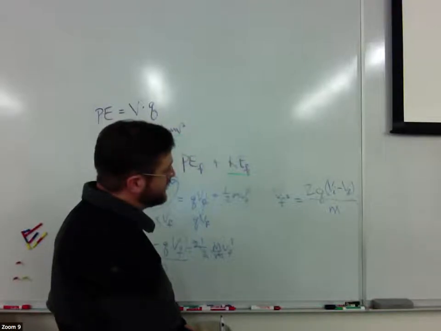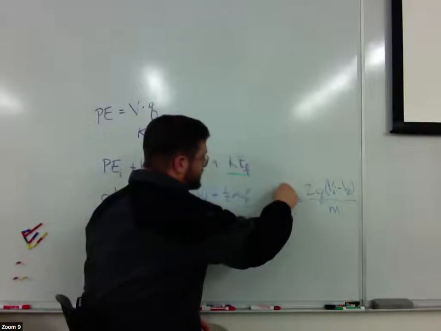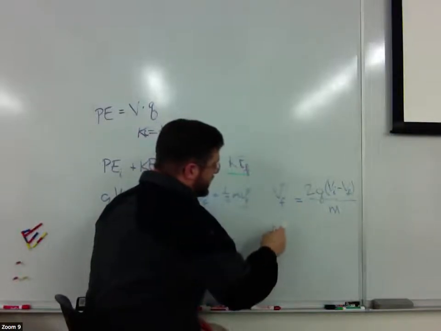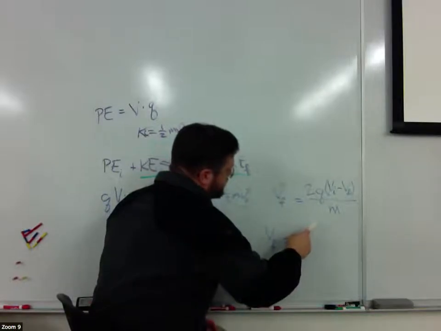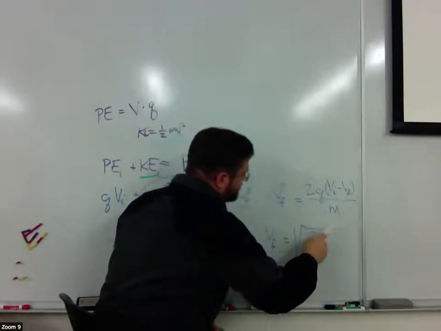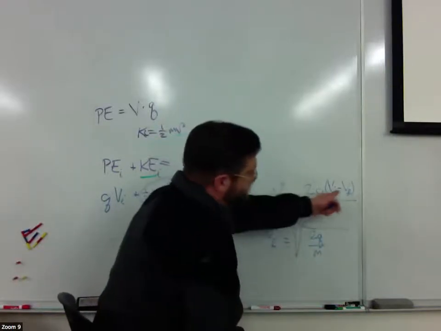Okay. And then to finish this up, I take the square root of both sides, because this is v final squared. Take the square root of both sides, and I get v final equals the square root of 2 times the charge over the mass times this difference in voltages.